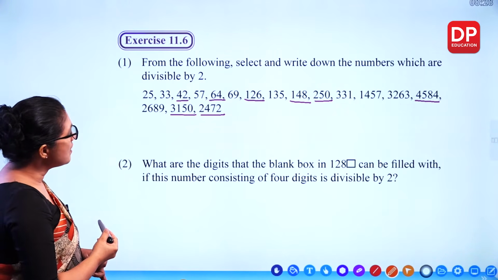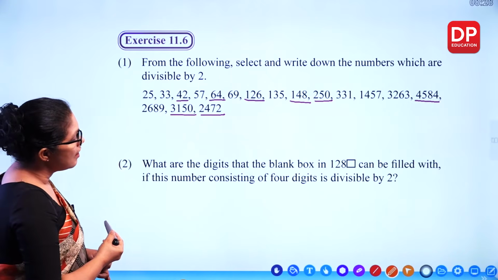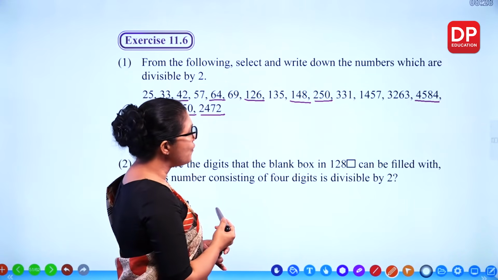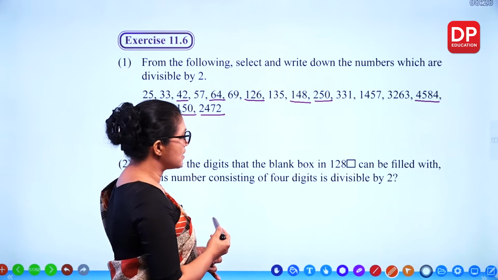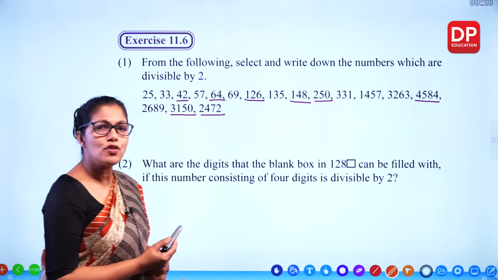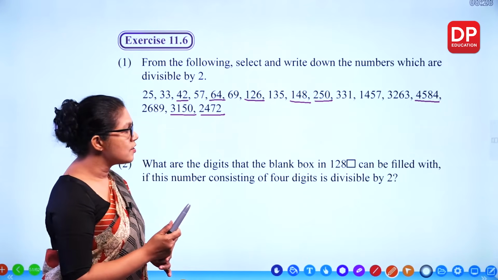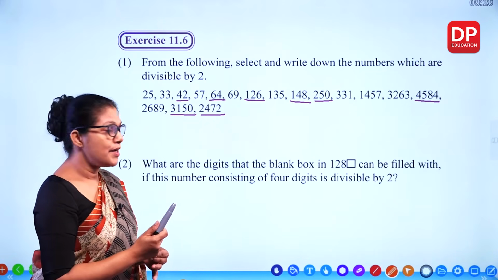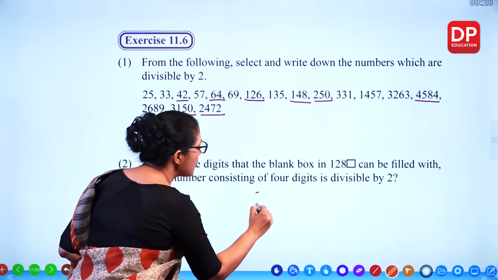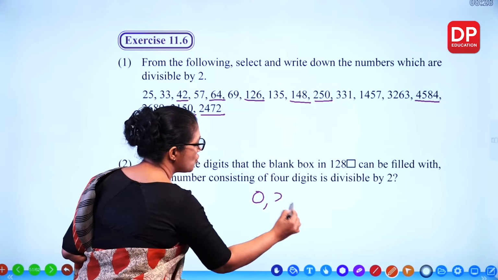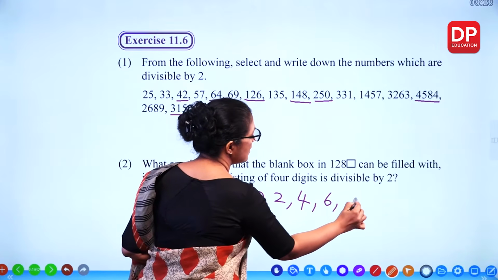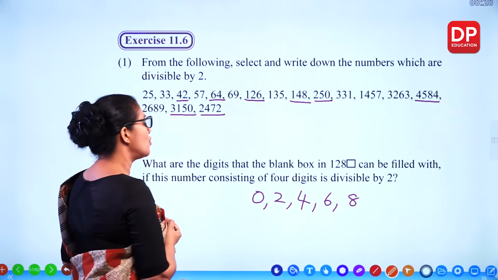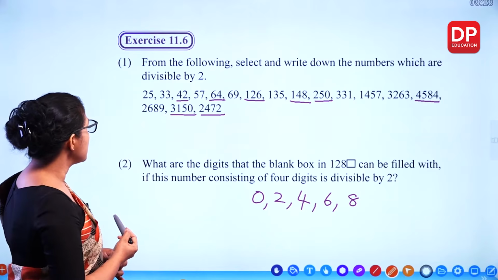What are the digits that the blank box in this number can be filled with if this number consisting of 4 digits is divisible by 2? So the last digit should be an even number or 0. So it can be 0, 2, 4, 6, 8. Those are the possibilities.